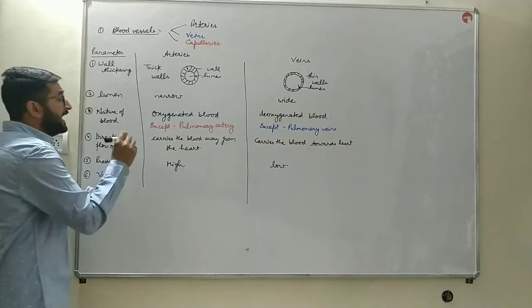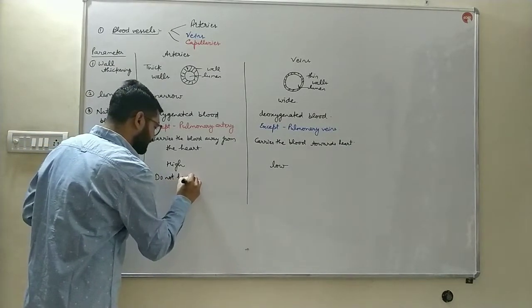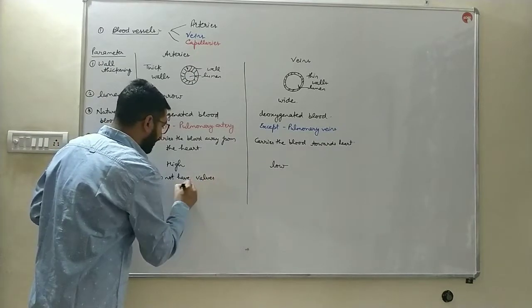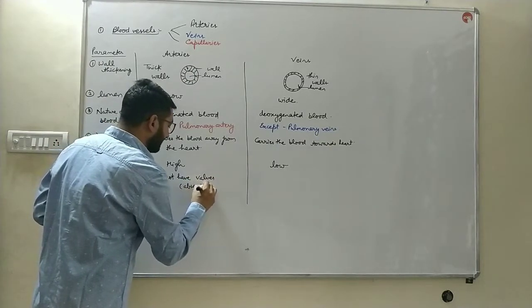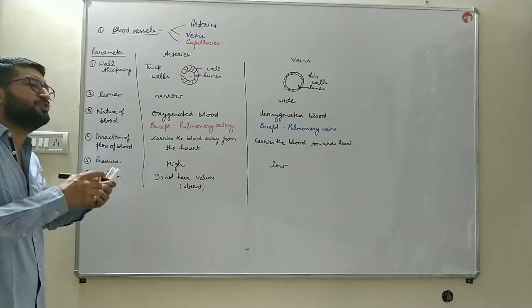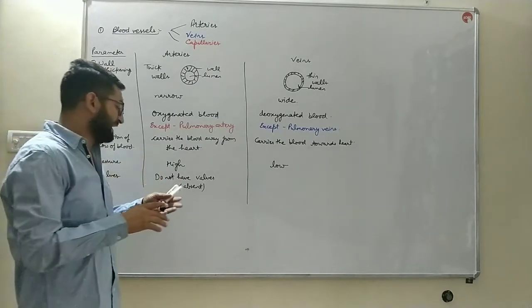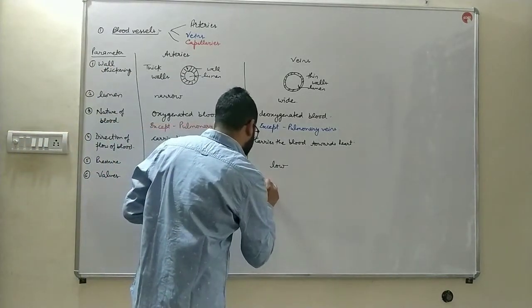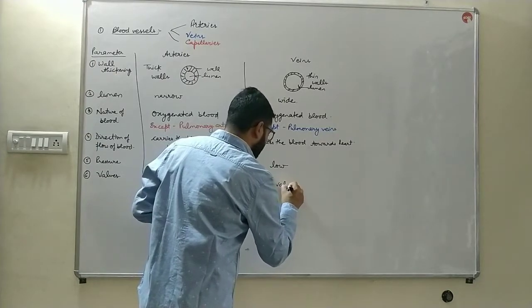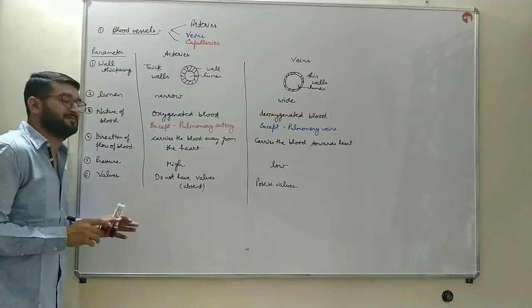So arteries do not have valves. Valves are absent in arteries. As the pressure is quite high, there is no chance whatsoever of backflow. Whereas veins possess valves. Valves are present in veins.